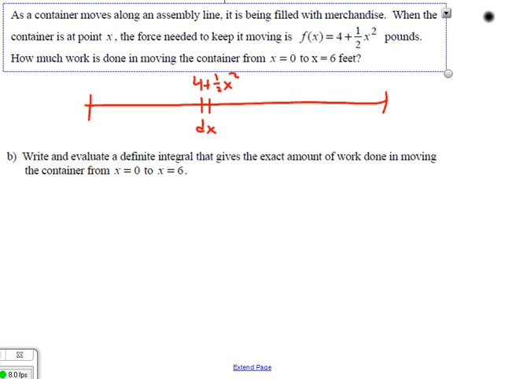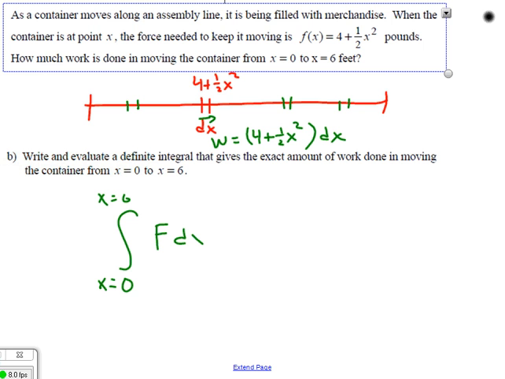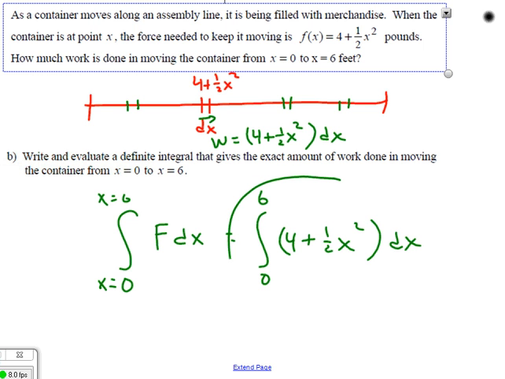So the work is the force at that point times the little change in distance, and we add up all of these little works from x equals 0 to x equals 6, my force dx, which is the integral from 0 to 6 of 4 plus 1/2 x squared dx. And here's my definite integral expression. We don't need to actually evaluate that.